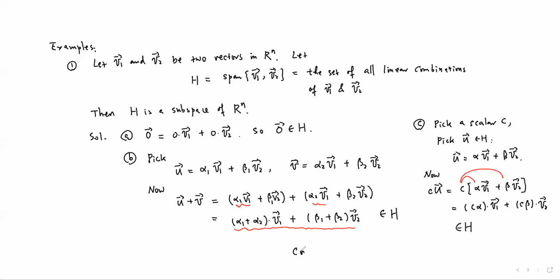Conclusion is H is a subspace of Rn by definition. That's example 1. Now, example 2.